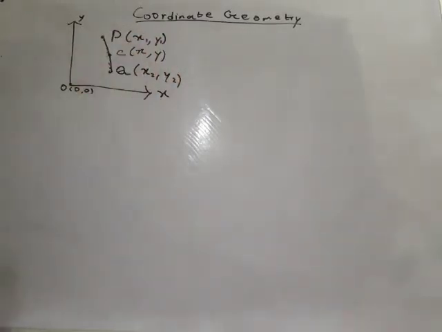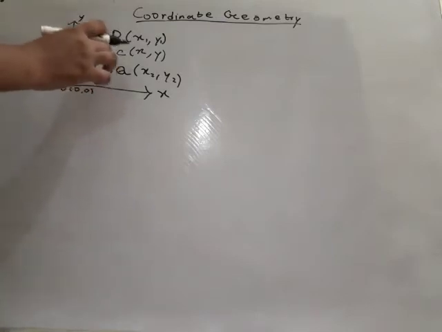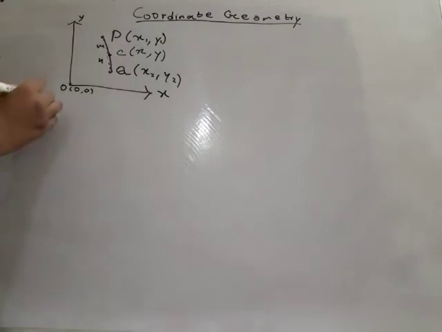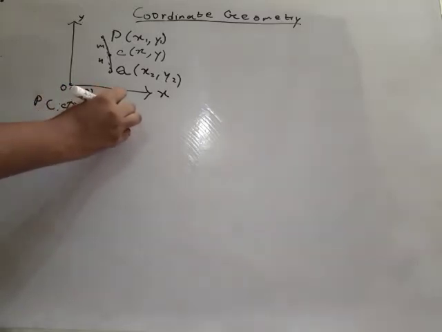So how can we determine the coordinates of C if we are given that C divides the line PQ in the ratio m and n? Given PC is to CQ equals m is to n.